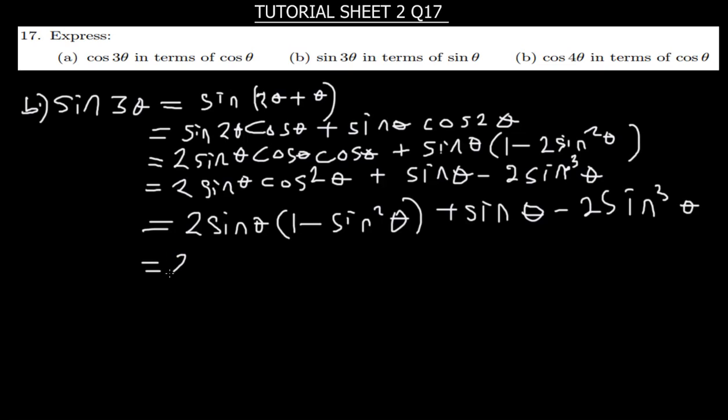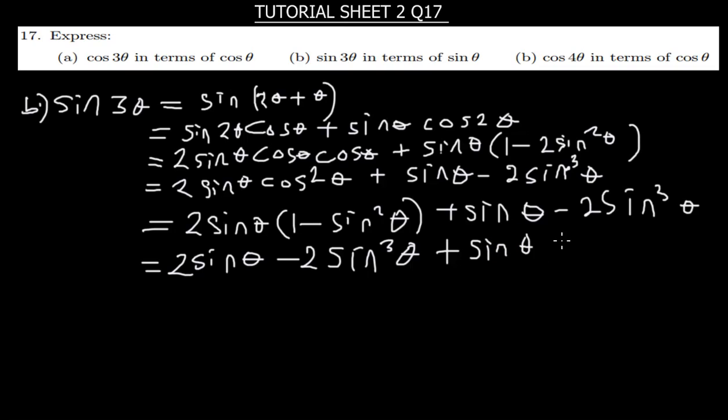Hence you get 2 sine theta, then 2 sine theta times negative sine squared theta gives negative 2 sine cubed theta, and then plus sine theta minus 2 sine cubed theta.